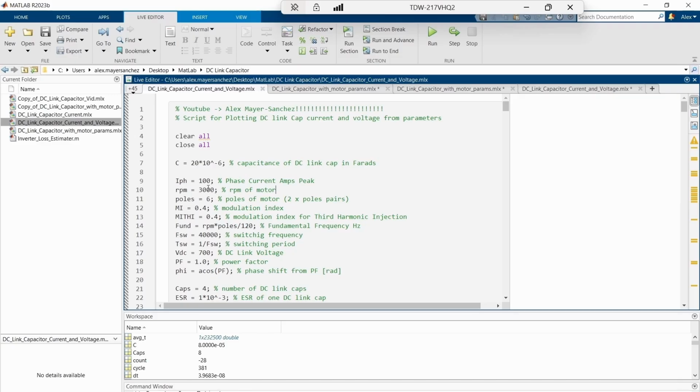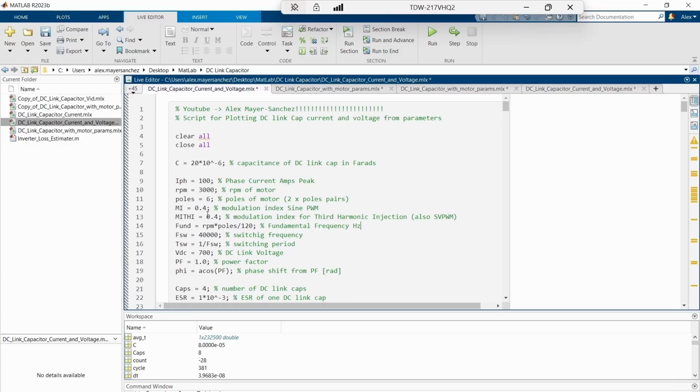So then this is the RPM, this is the poles, and then this will be the modulation index for sine PWM, and this would be the modulation index for third harmonic injection, which I guess is also space vector PWM.